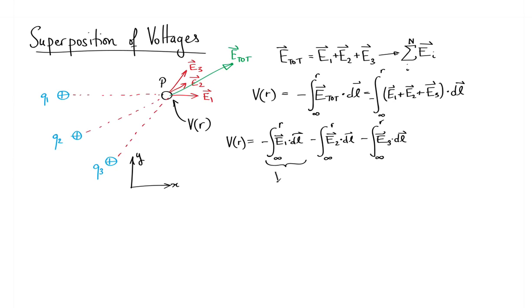So this is really just V from charge 1, R1, where R1 would be the distance from Q1 to point P, plus V2 R2, plus V3 R3.